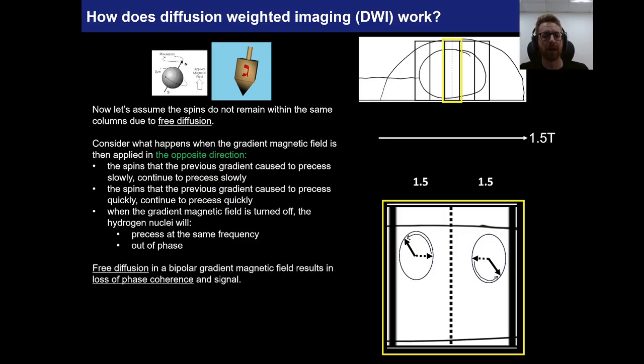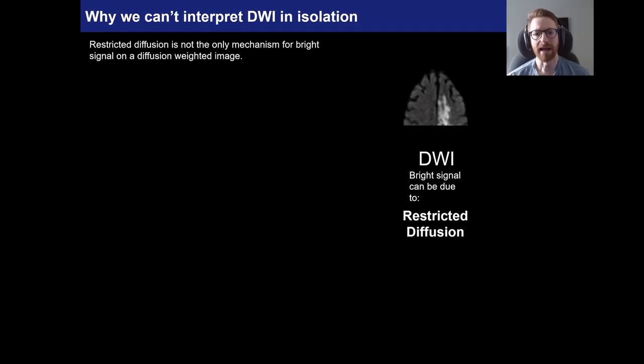So as a result of that loss of phase coherence, there's going to be destruction of signal, right? We need phase coherence to have signal. So free diffusion results in loss of signal in the face of a bipolar gradient magnetic field, which is the core of diffusion-weighted imaging. Now we understand how a bipolar gradient magnetic field can induce diffusion contrast into our image.